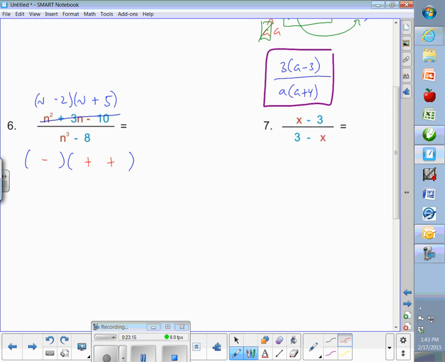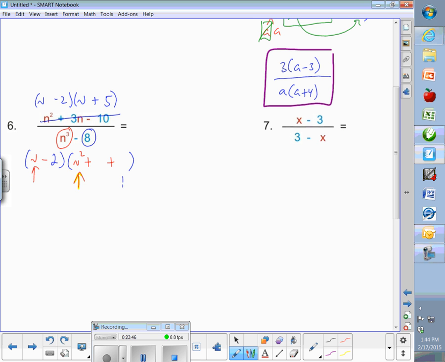Do you remember what to put in the front of the binomial? It's the cube root of the front term. The cube root of n cubed is n. Do you know what to put in the back? It's the cube root of the back term. The cube root of 8 is 2. Do you remember what goes in the front of the trinomial? Whatever the front term is, square it, so n squared.